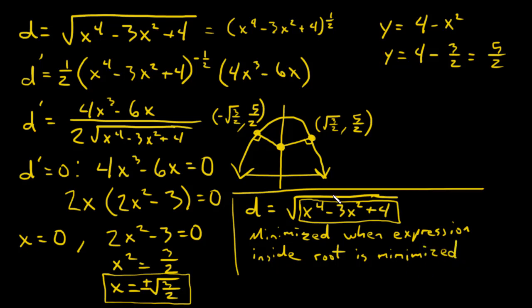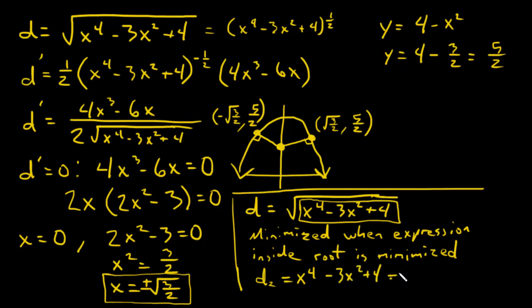Okay? So a root is minimized when the stuff under the root is minimized, which lets us go straight into, if I wanted to, this is kind of like a pseudo different distance. This is, I don't know, d sub 2 maybe. It's going to just be the stuff that's in the interior, minus 3x squared plus 4.